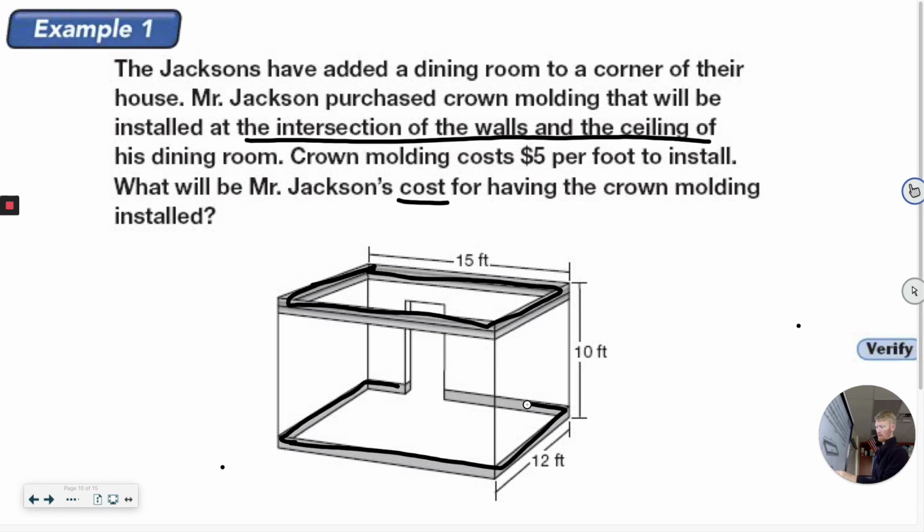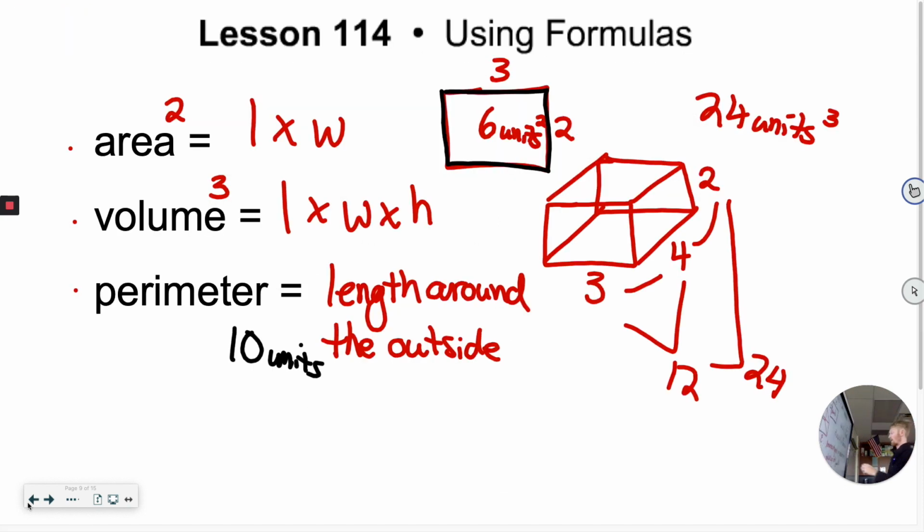So we're not looking at the bottom here, only at the top. So now you have to ask yourself, okay, what is this problem looking for? Area, perimeter, or volume? Well, if it's just going to be installed all the way around the top, then we would be finding the perimeter, the length around the outside.